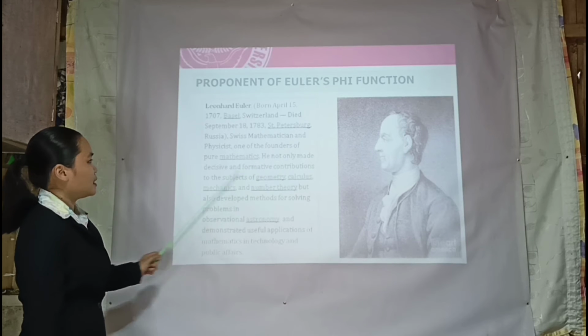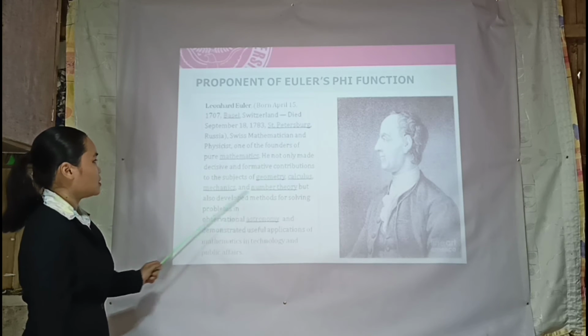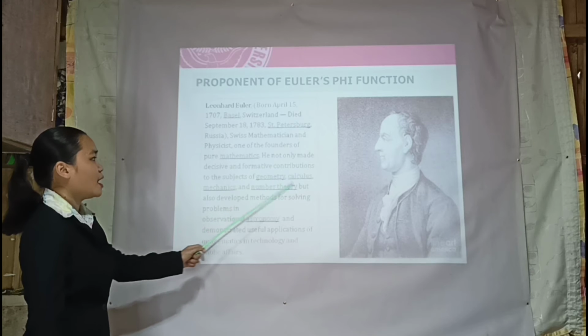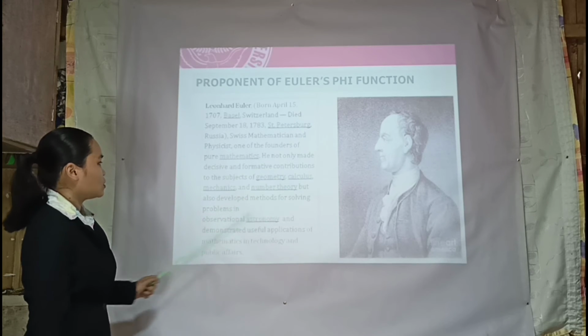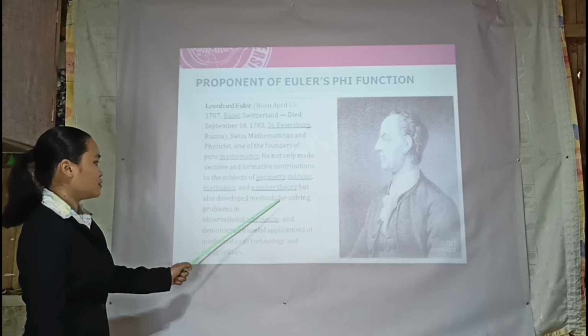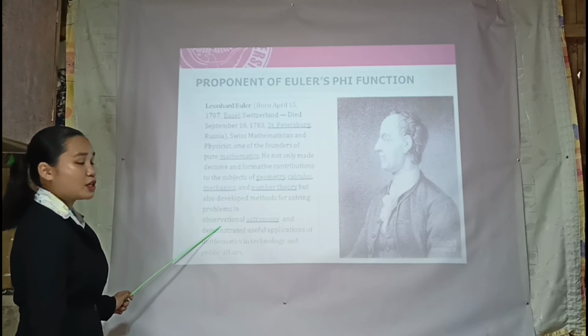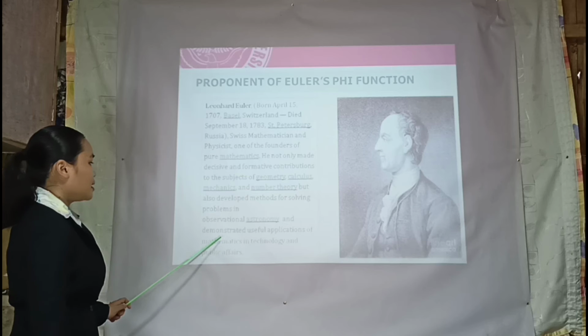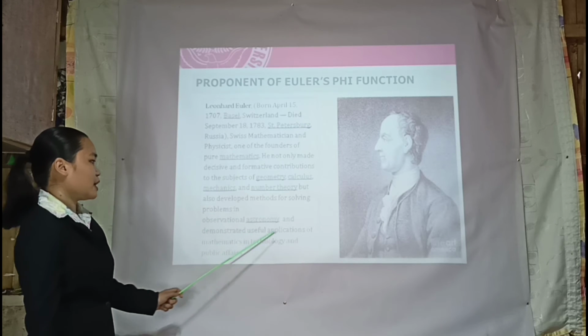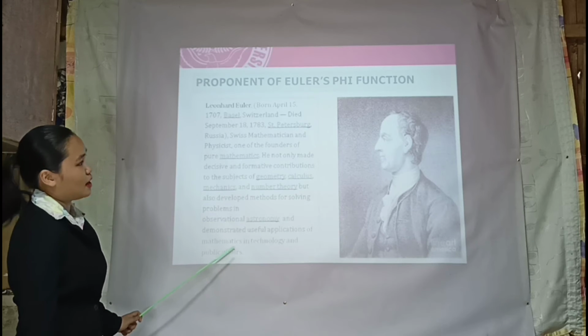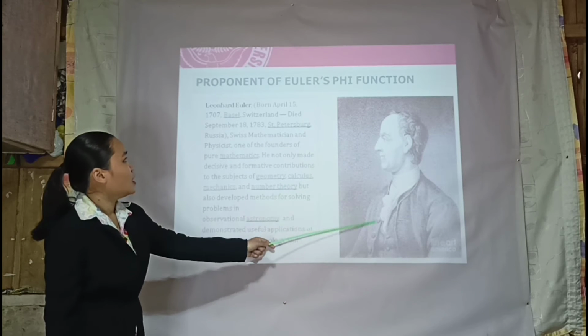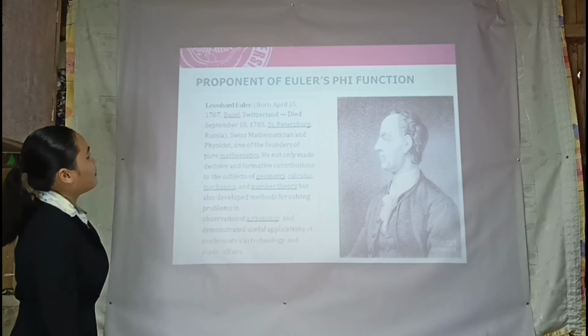He not only made decisive and formative contributions to the subject of geometry, calculus, mechanics, and number theory, but also developed methods for solving problems in observational astronomy and demonstrated useful applications of mathematics in technology and public affairs. So this is Leonhard Euler.